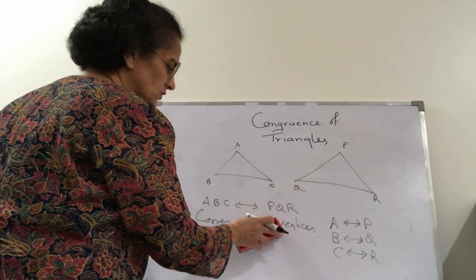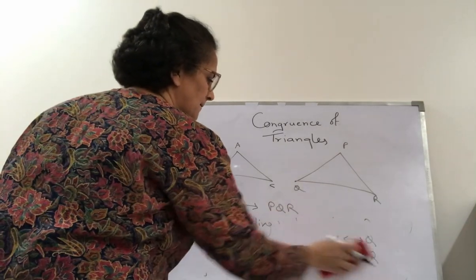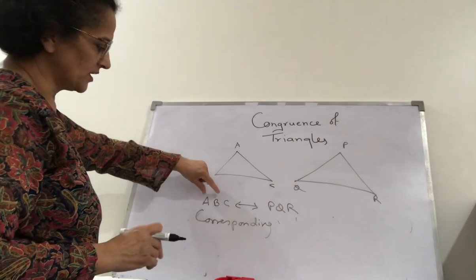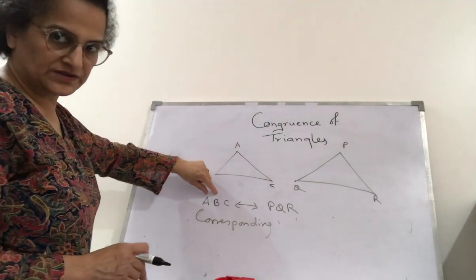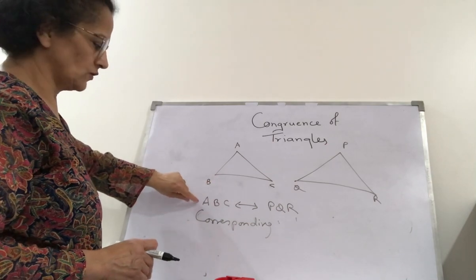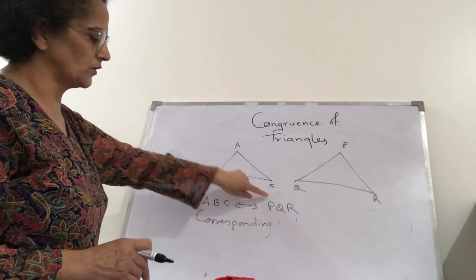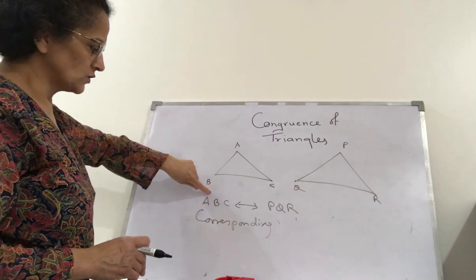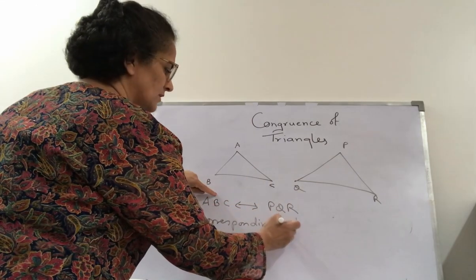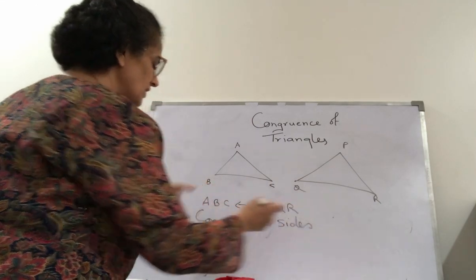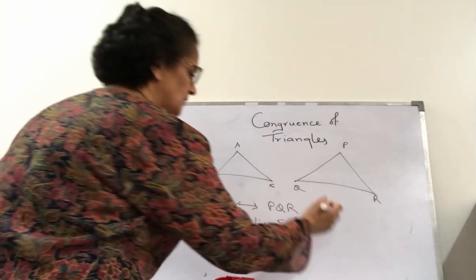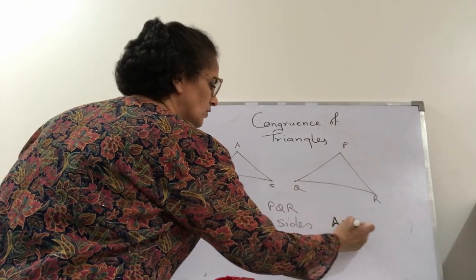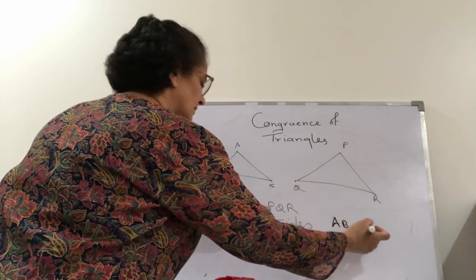Now let's talk about the sides. So now we talk about corresponding sides. You can see from the figure, and from the correspondence given also you can see. If it is given this is the correspondence, we follow from here. So AB, now I am talking about corresponding sides, AB corresponds to PQ.